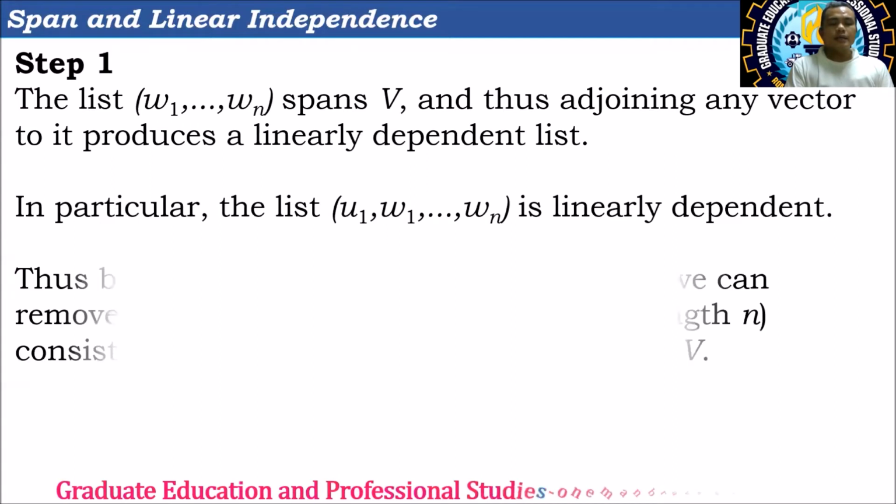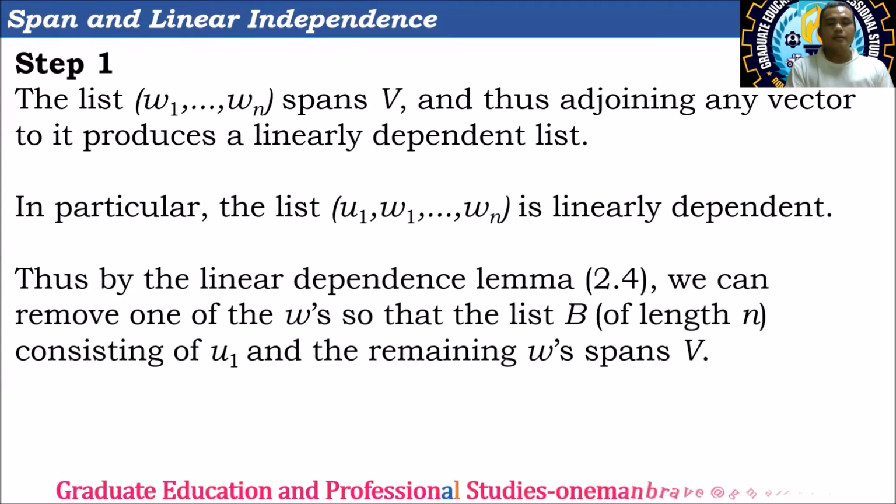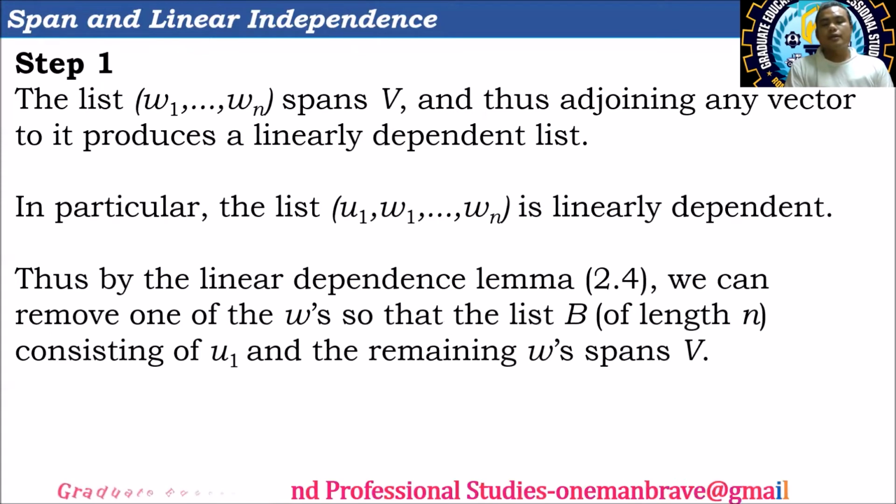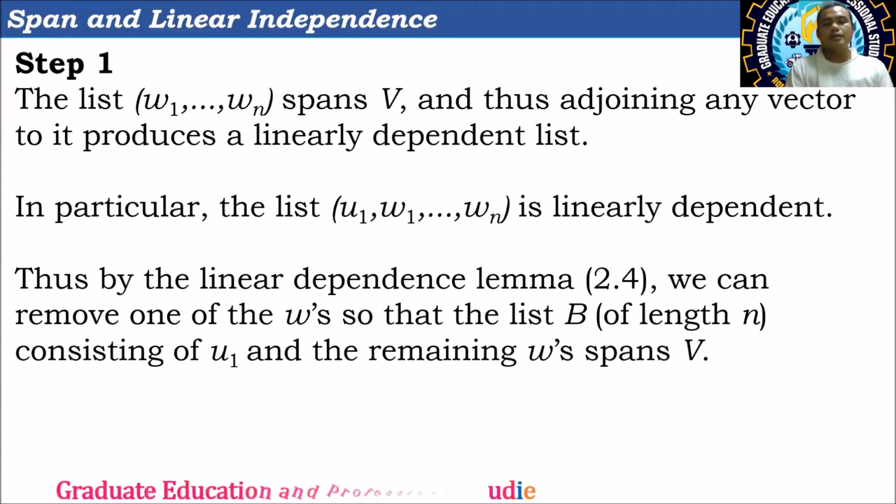Thus, by the linear dependence lemma, 2.4, we can remove one of the w's so that the list B of length n consisting of u1 and the remaining w's spans V. Since you removed a w, it is like you are just replacing it. That is what will happen.